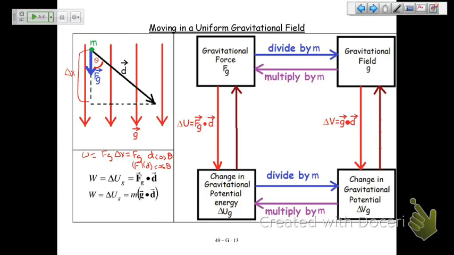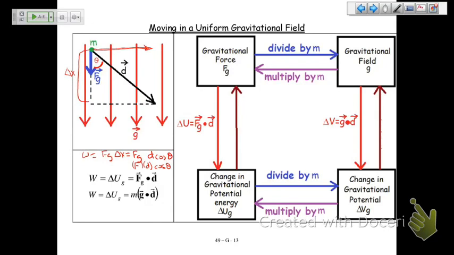Okay? So, great. So that tells us, for instance, if I move sideways, because my angle is 90, cosine of 90 equals 0, there's no change in potential energy when I move sideways across electric field lines. Oh, that's an equipotential line. There is no change in potential energy. There's no change in potential. It's an equipotential line. So you see where that comes from.